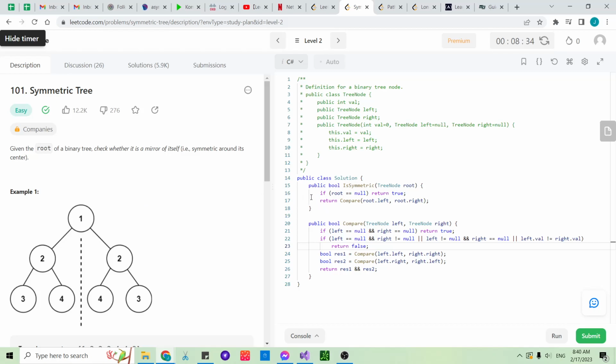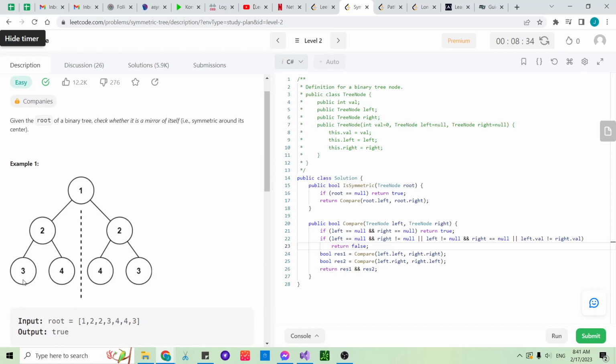Let's think. Time complexity. Alright, time complexity. We will need to go through all the nodes and what is happening when we are doing compare. So we do compare those, and we compare those, compare those. And when we're in here, we need to go one level down.